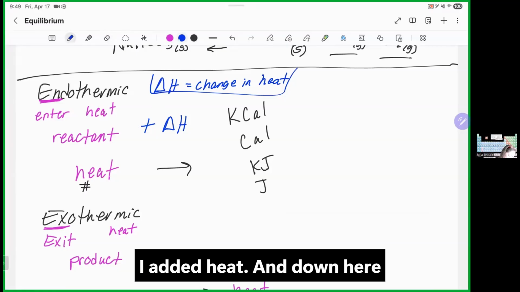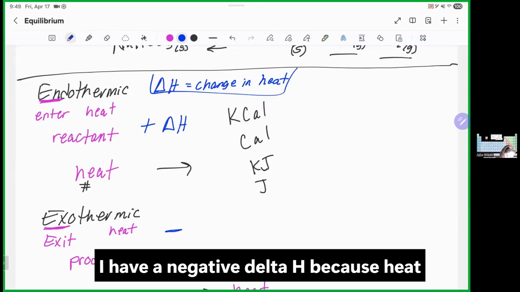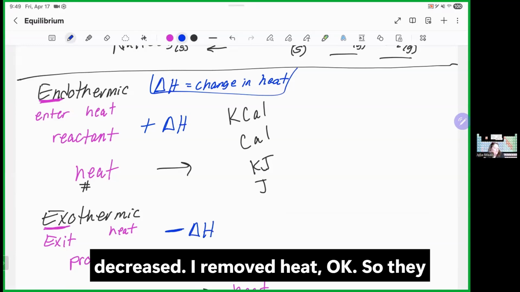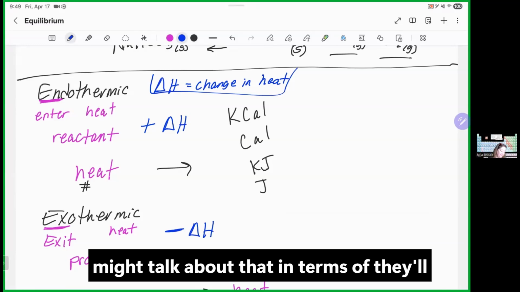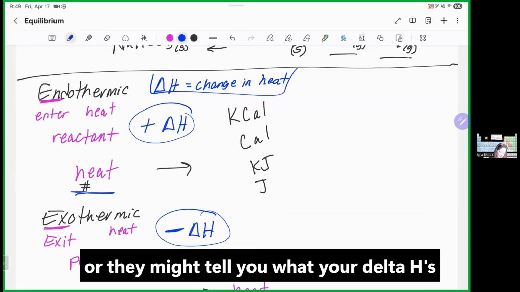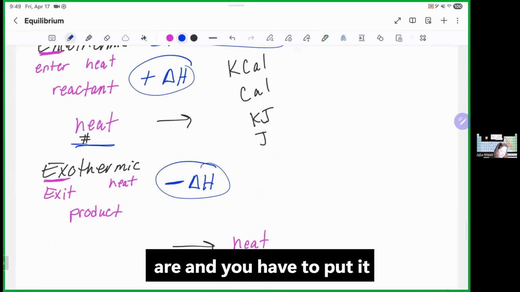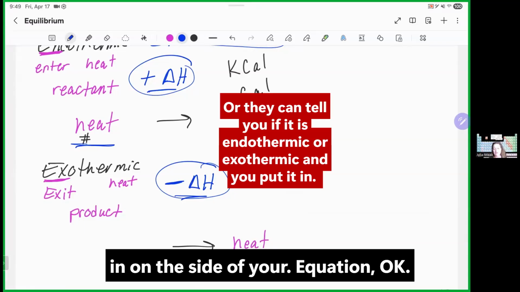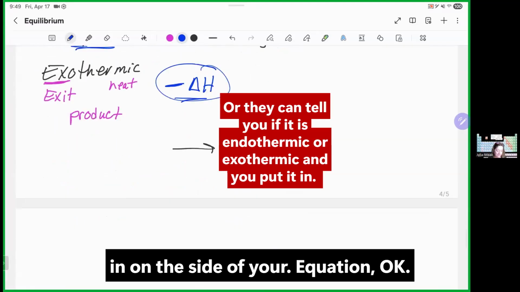I added heat. And down here, I have a negative delta H because heat decreased. I removed heat. Okay. So they might talk about that in terms of they'll put it on the side of the equation, or they might tell you what your delta H's are, and you have to put it in on the side of your equation.